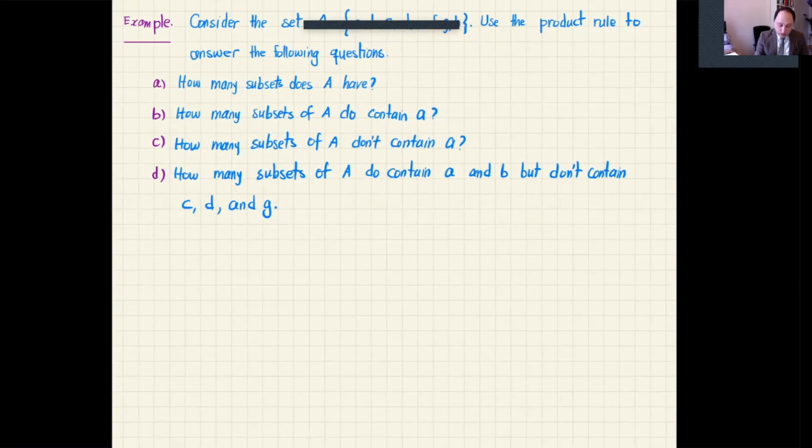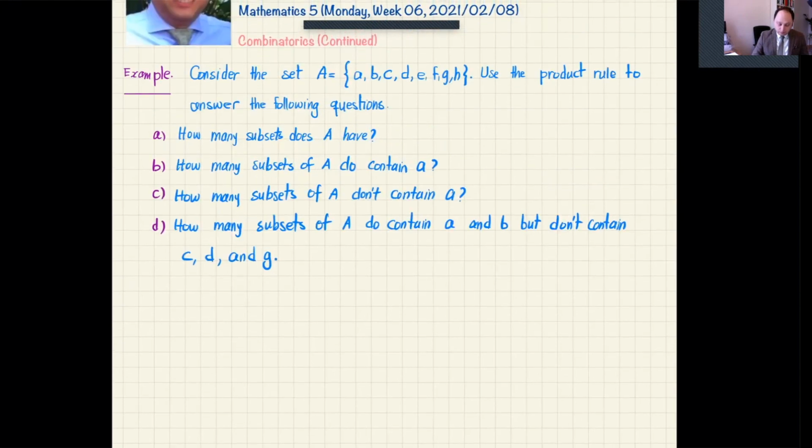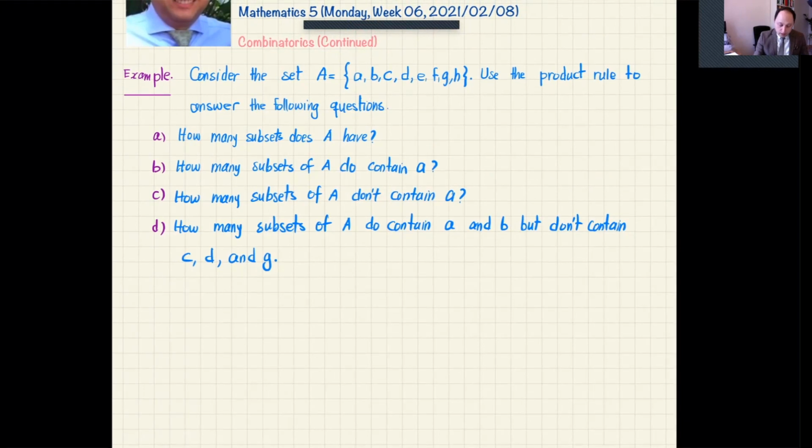For example, in stage 1, I want to decide about A, if this A is going to be in my subset or it is not going to be there. And then the second stage would be to decide about the situation of B. Do I want to put B in my subset that I am writing, or do I want to exclude it? And the same scenario for C, and continue until H.